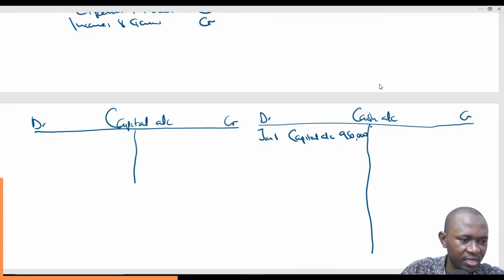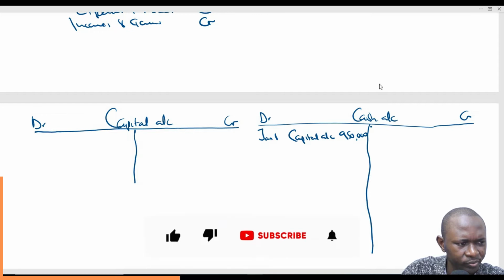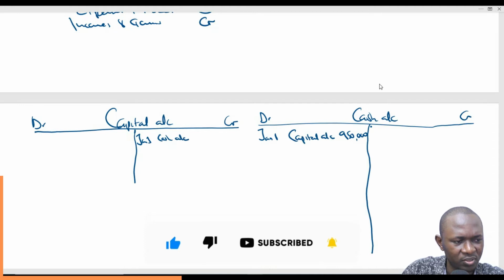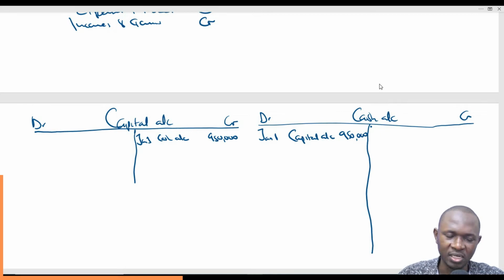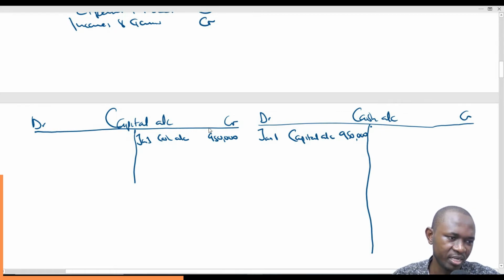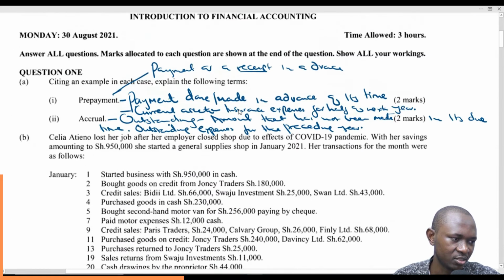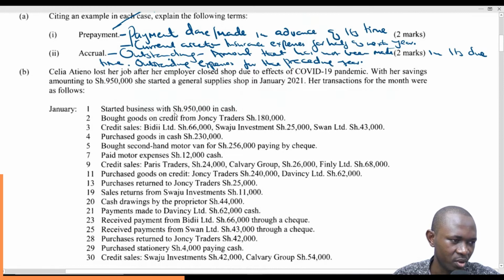Capital is a liability to the business. This is money that belongs to the owner of the business, has pumped into the business. So we'll come here and say January 1st, cash account. That is the account which has affected this, and the amount is 950,000. So you can see it's a debit and credit, and that is what the duality concept is all about.